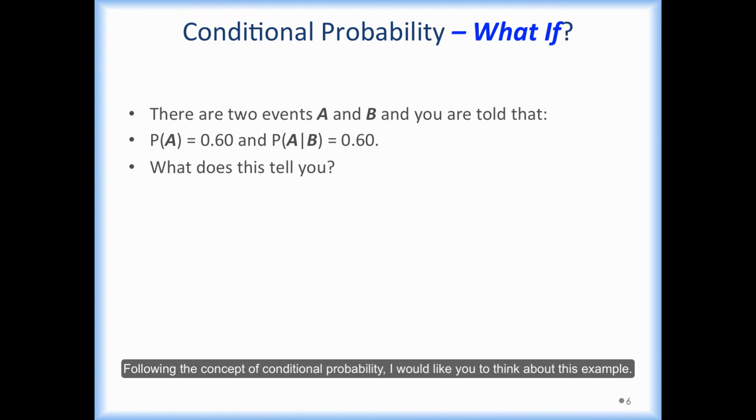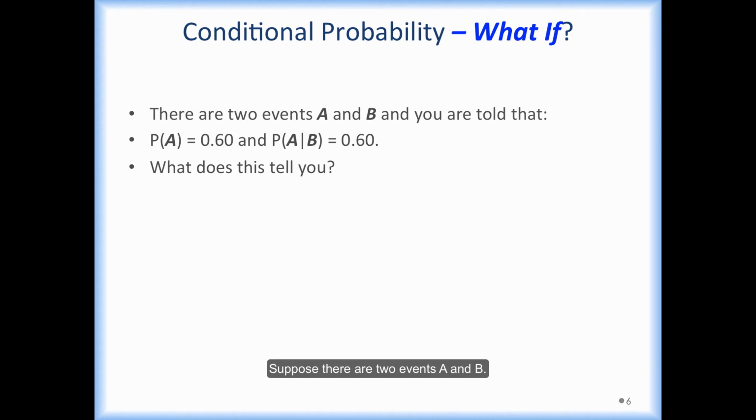Now, following the concept of conditional probability, I would like you to think about this example. Suppose there are two events A and B, and you are told that the probability of event A is 0.6, and the probability of A given B is also 0.6.